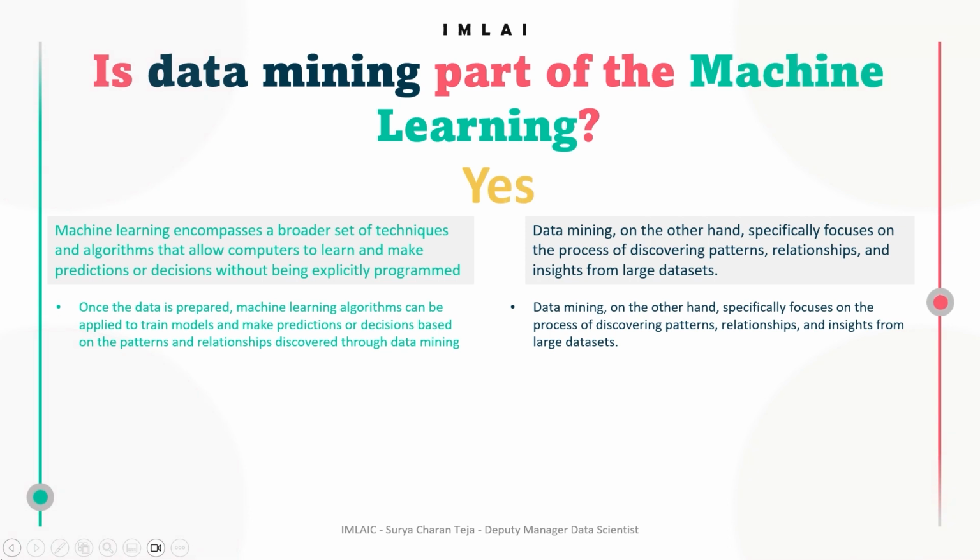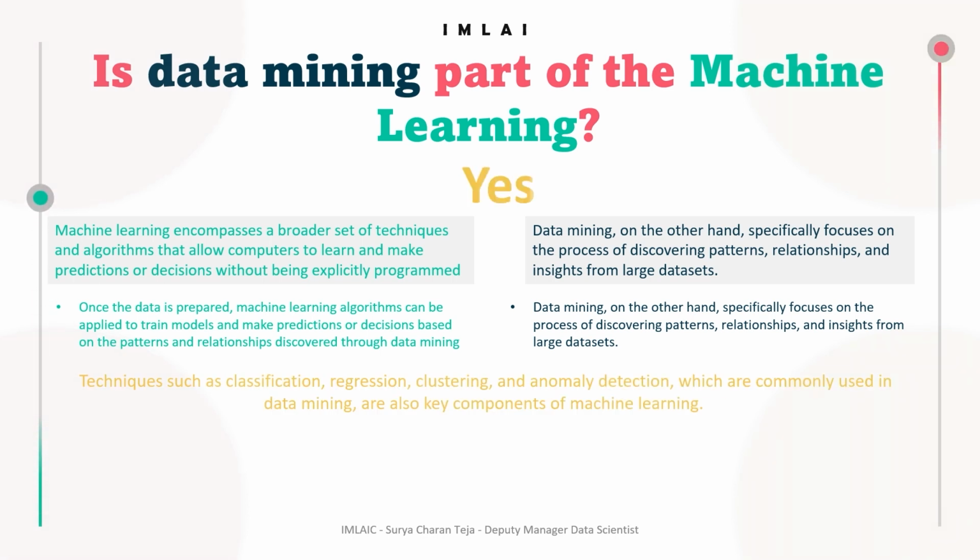Once the data is prepared, machine learning algorithms can be applied to train models and make predictions or decisions based on the patterns and relationships discovered through data mining. Techniques such as classification, regression, clustering, and anomaly detection, which are commonly used in data mining, are also key components of machine learning.